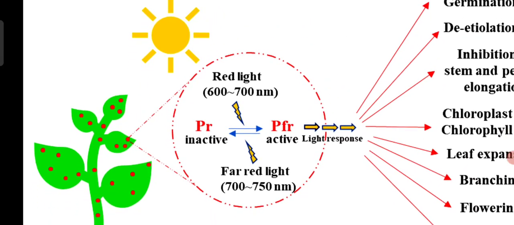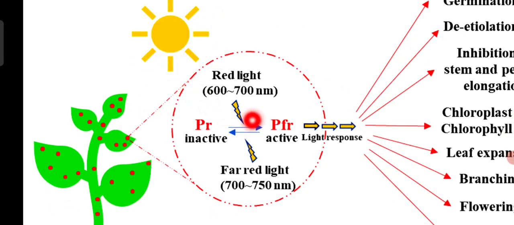Now here you can see this under the influence of solar radiation, isn't it? A red light. So when red light strike, isn't it? So this PR, phytochrome red, is converted into phytochrome far red.